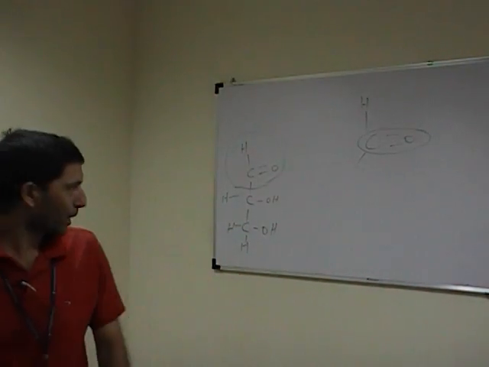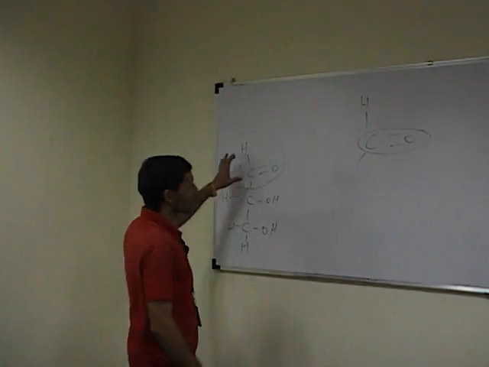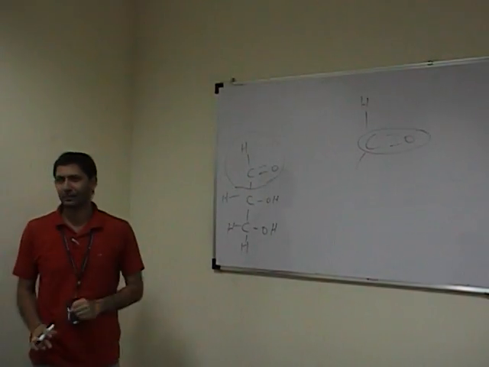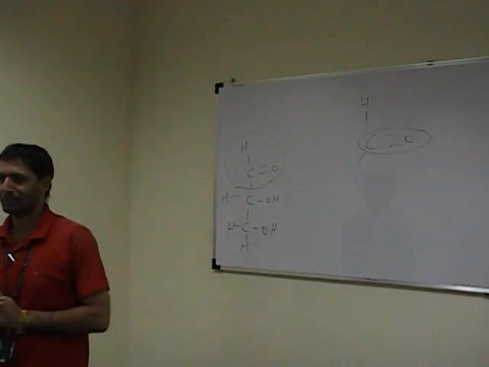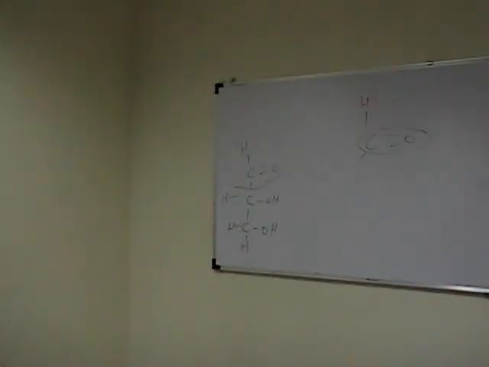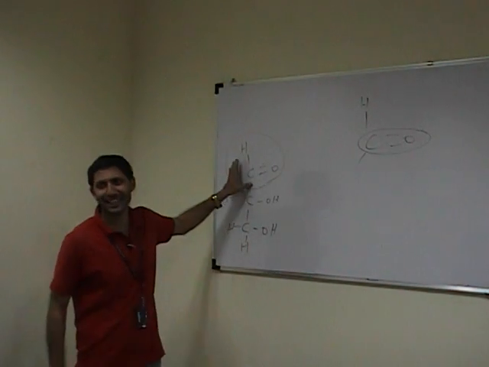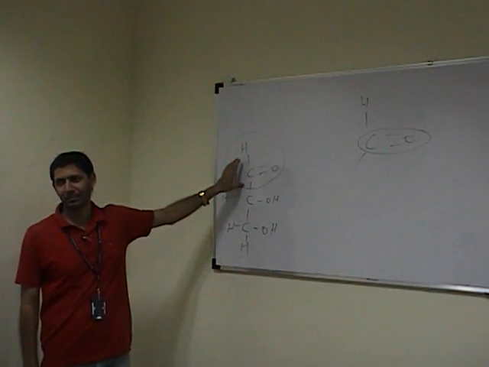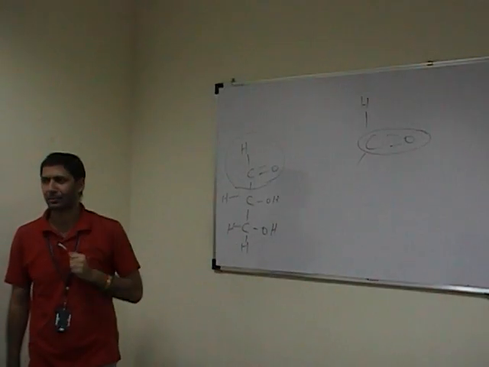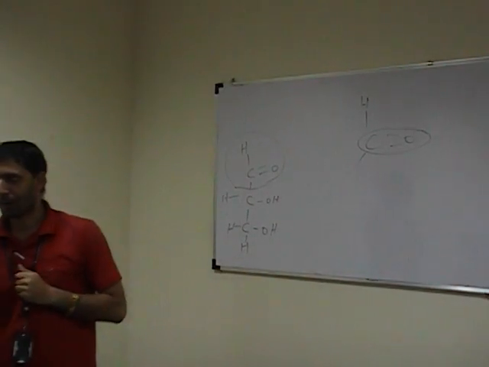Okay? So when aldehyde is present in a particular sugar, such a sugar is called what? I mentioned on the basis of functional group, sugars, or monosaccharides, are of 2 types. Here, functional group is aldehyde, and what will you call it?